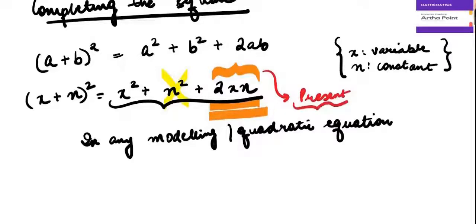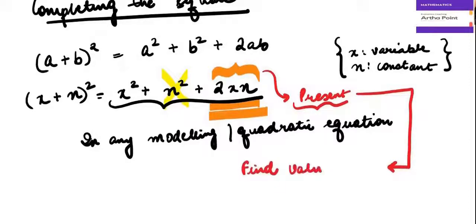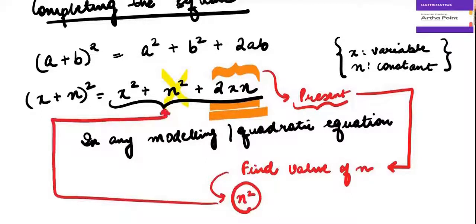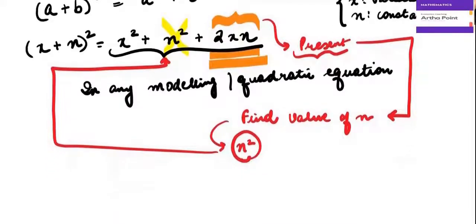From this 2xn, you will find the value of n. Once you find the value of n, you can find n square. You will add this n square here, but because you are adding something to an equation where it was not there, you will also subtract it. So step 1, you will find the value of n.